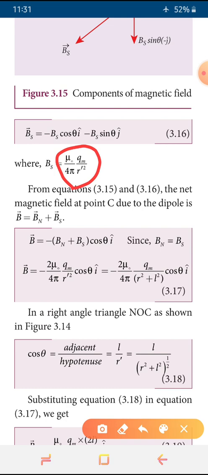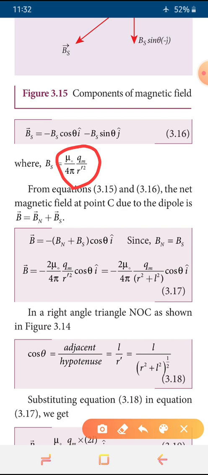Using the two equations 3.15 and 3.16, the net magnetic field at point C due to the dipole is, we are adding the two: B vector is equal to Bn vector plus Bs vector. While adding, in both the equations, Bs sin theta j cap will get cancelled.